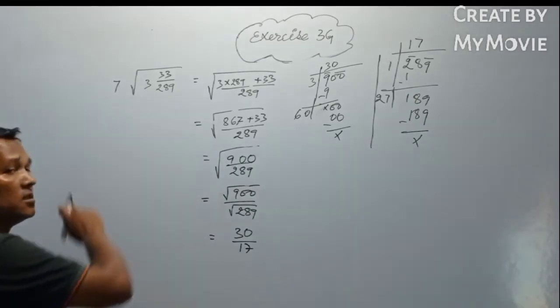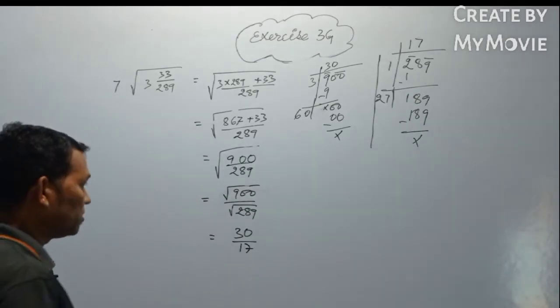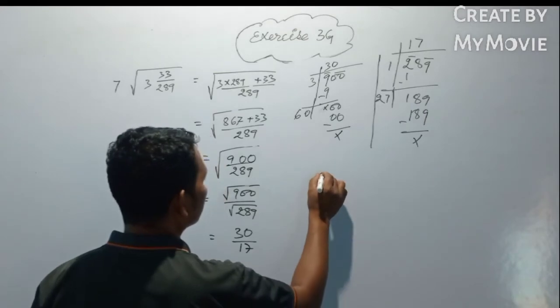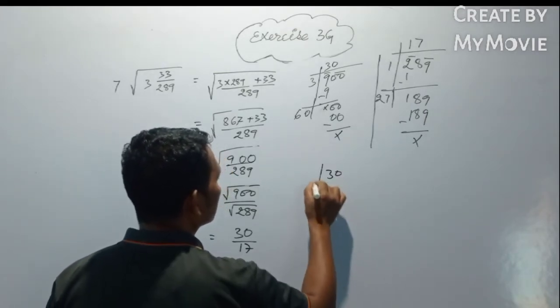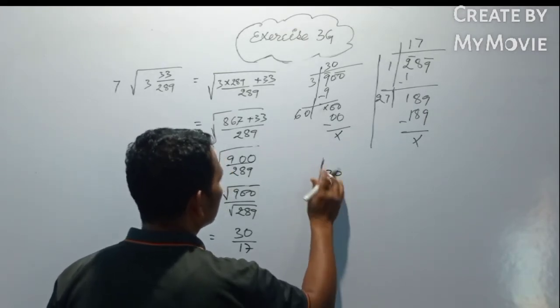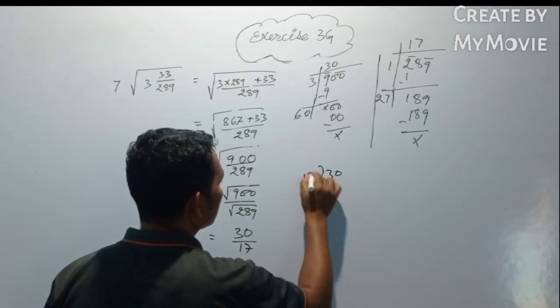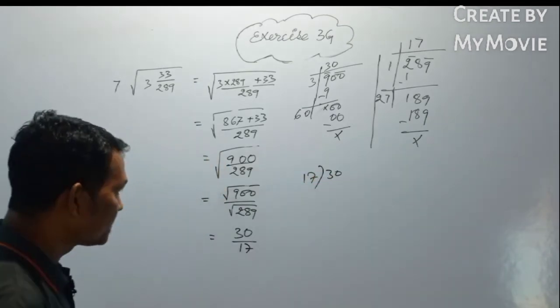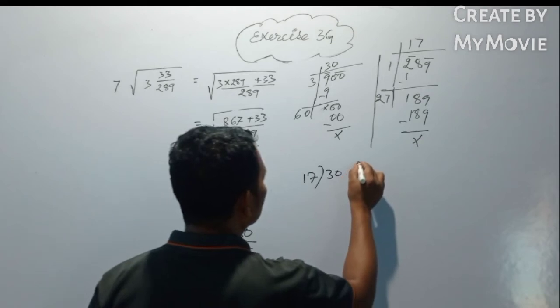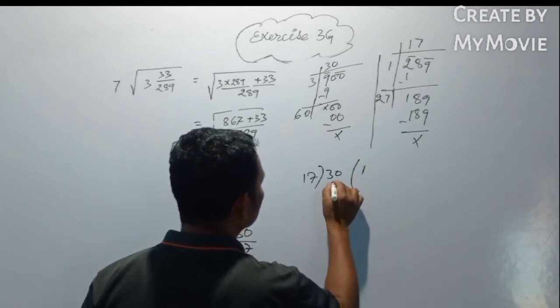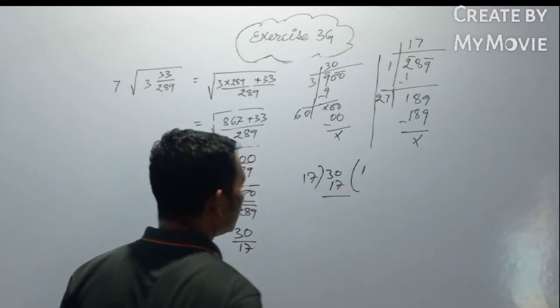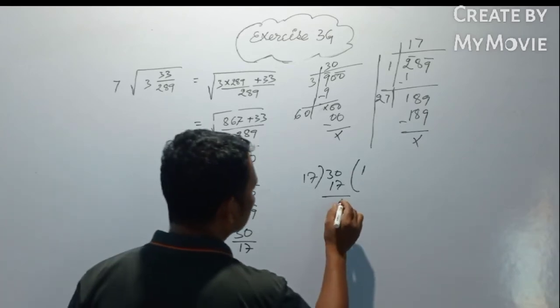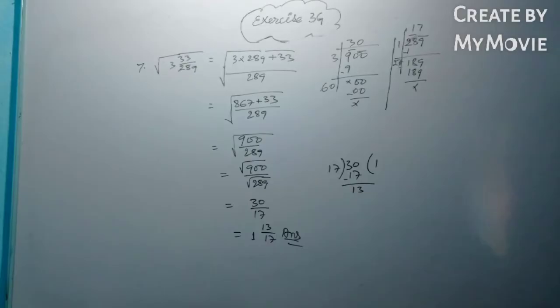Since the question is in mixed fraction, the answer should also be in the form of a mixed fraction. So divide 30 by 17. 17 2s are 34, so 17 1s are 17. 30 minus 17 is equal to 13.